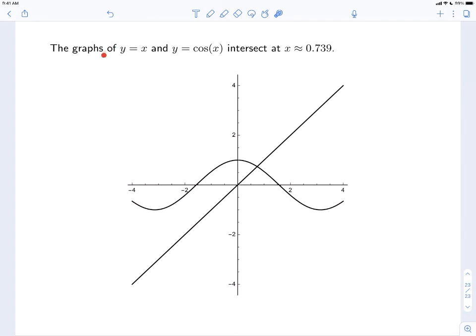So if I know that y equals x, at least eventually, is bigger than 1, and on the left side, far enough left, it's less than negative 1, and I know that cosine of x is always between minus 1 and 1, then I know that eventually this graph has to cross.